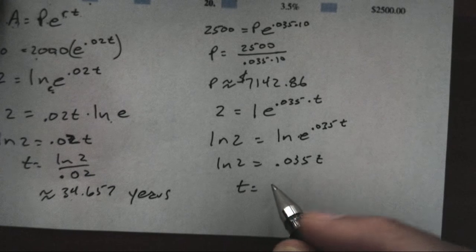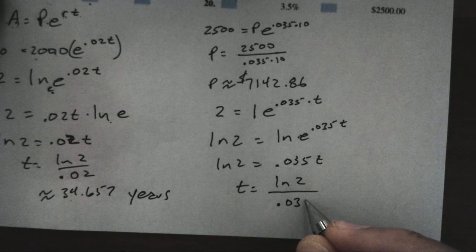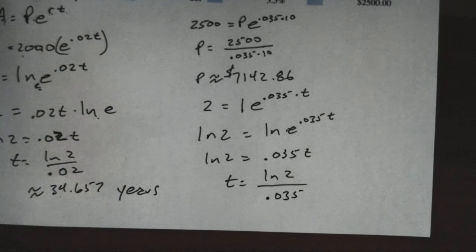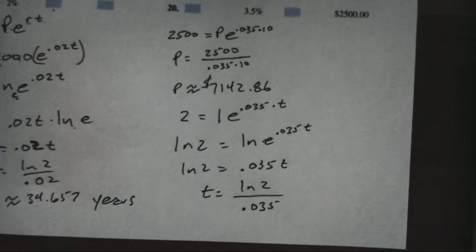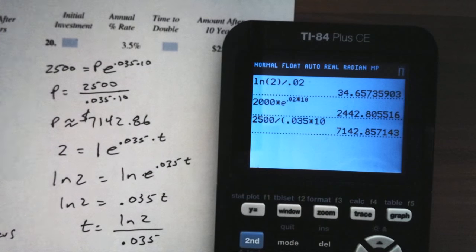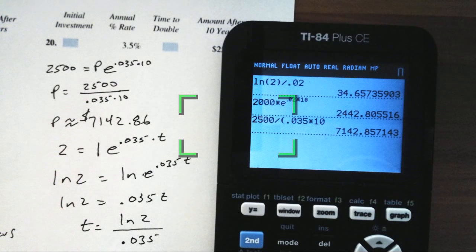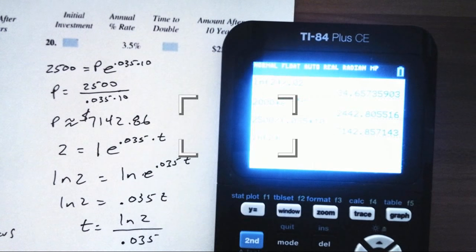So t is ln 2 divided by 0.035. Let's see if that answer makes some kind of sense to us. So I'll make it seeable again here. We've got ln 2 divided by 0.035, which is the exact answer.